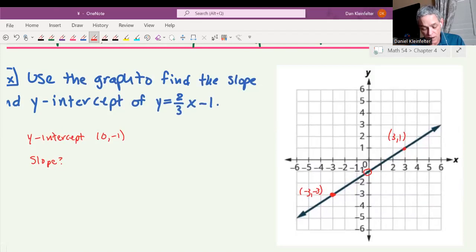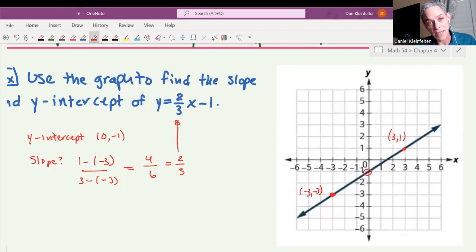The change in y will be 1 minus -3, and in the denominator, the change in x is 3 minus -3. 1 minus -3 up top is 4, and down below, 3 minus -3 is 6. And 4/6 reduces to 2/3. Notice that that 2/3 is the same as the 2/3 in the formula.